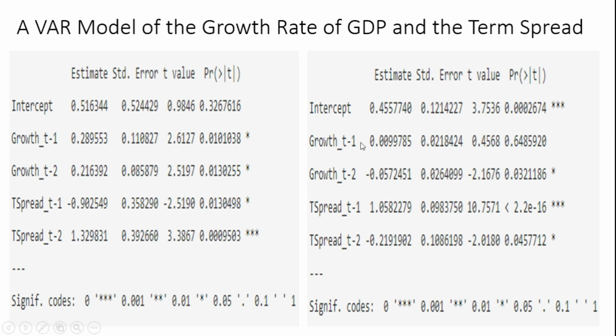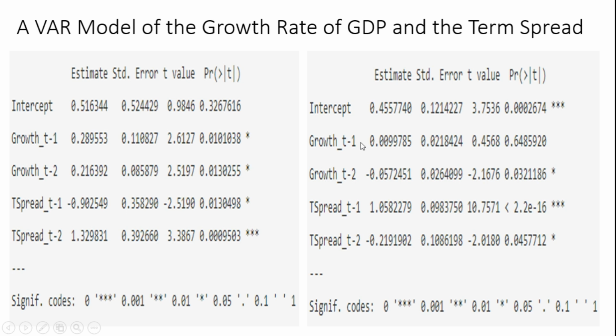The only variable significant at the 5 and 1% level is the lag term spread, and the coefficient is 0.5, which means that when the lag term spread increases by 1%, the term spread of the following period increases by almost 1%, almost the same rate.